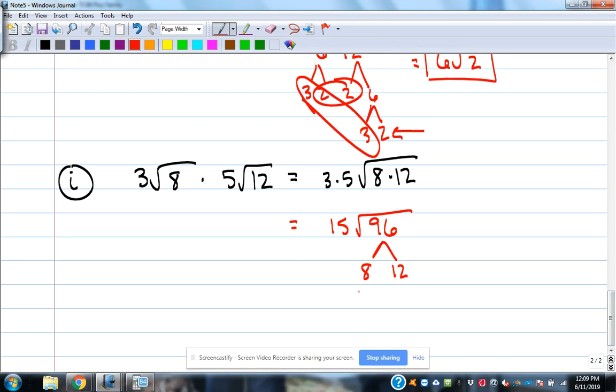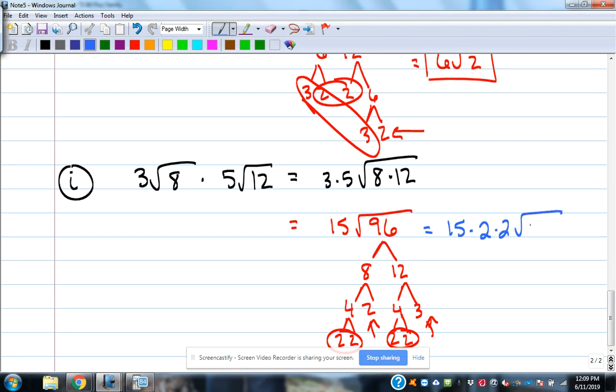I know it came from 8 times 12, 4 times 2, 4 times 3, 2, 2, 2, and 2. 2 pairs of 2s, and then a 2 and a 3 left over. So that's going to be 15 times a 2 times a 2, and then 2 times 3 left on the inside.